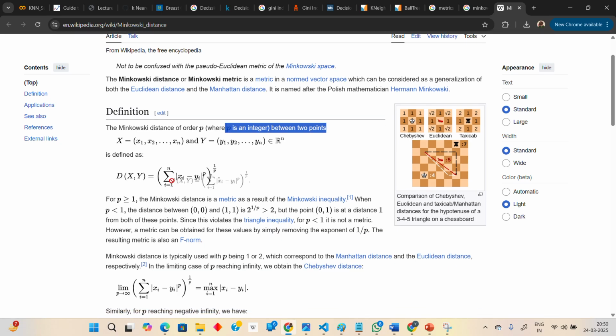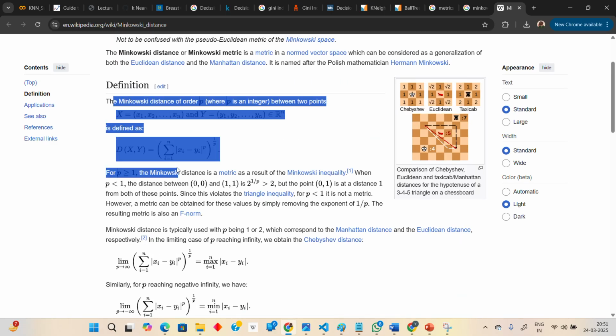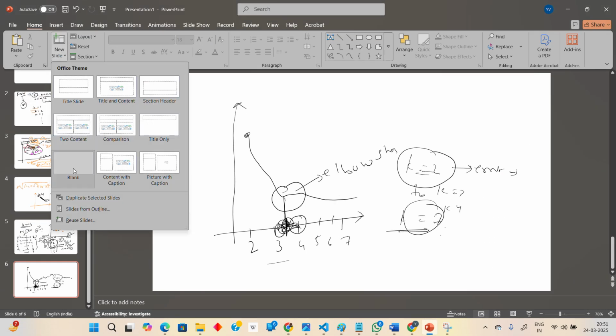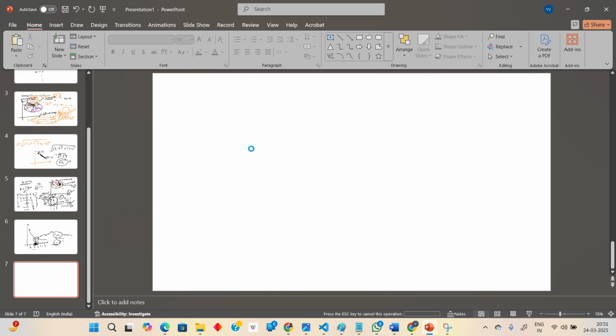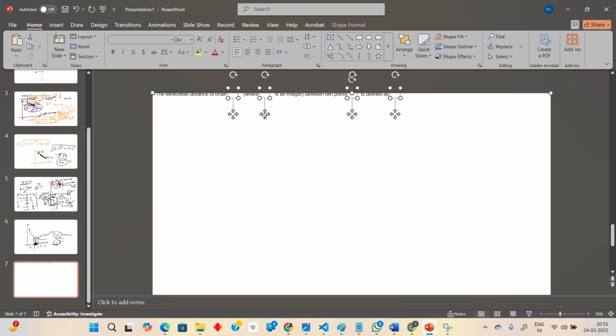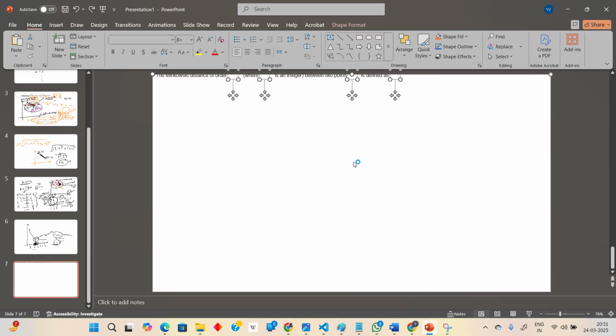Let me take this formula into the PPT. Now I'm able to select it. Let me select first, then I will explain how these formulas really work.